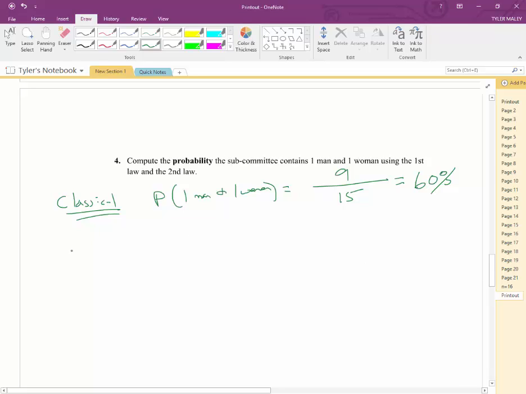So the probability of getting the first being a man, and the probability that the second is a woman.